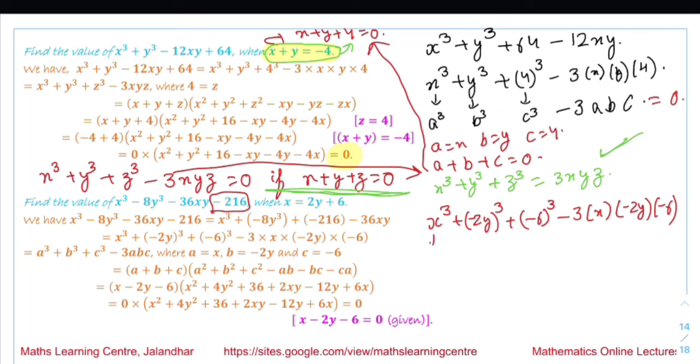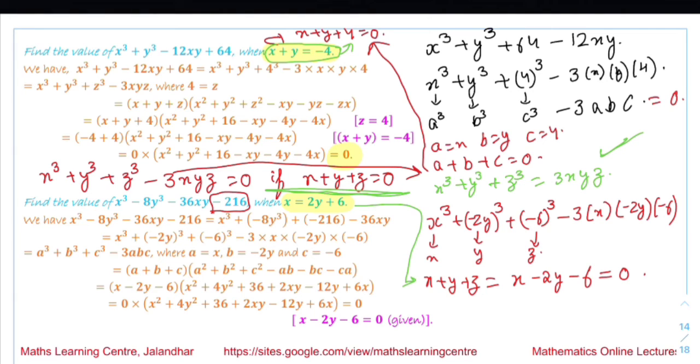So this is the value of x, this is the value of y, this is the value of z. So when we calculate x + y + z, basically we are saying it is x − 2y − 6, and this is given to be equal to 0. This is given over here.